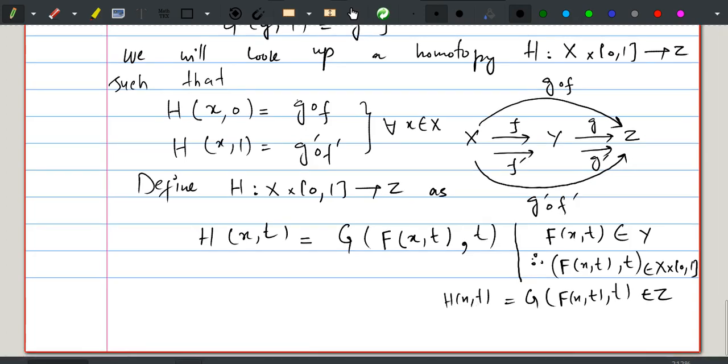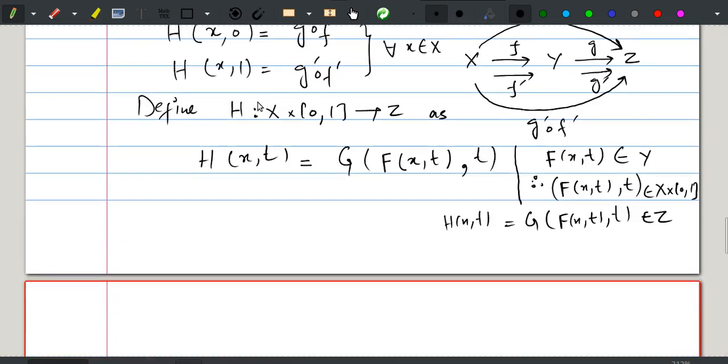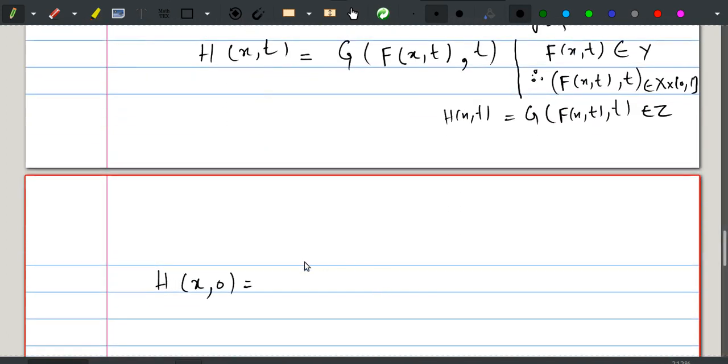So this is well defined. Now let us see what will happen when we restrict h to 0. This will be equal to G of F of (x,0) and 0.